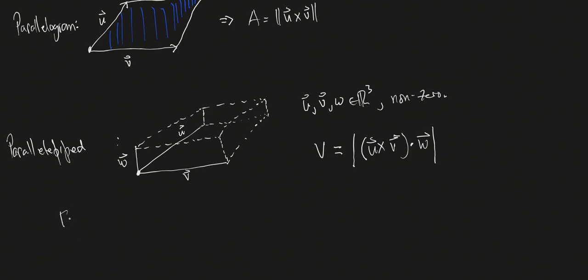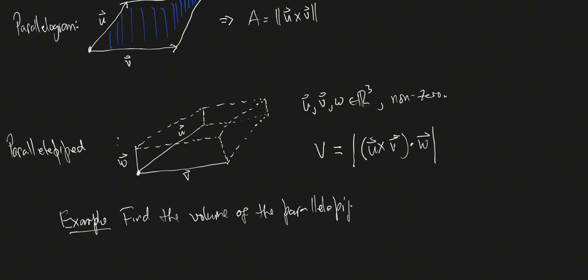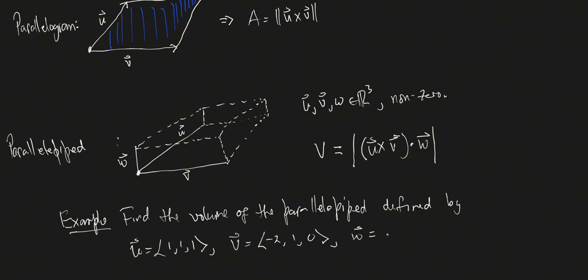So here's our example. Let's find the volume of the parallelepiped defined by U equals 1, 1, 1, V equals -2, 1, 0, and W equals, let's say, 3, 1, -2, right?